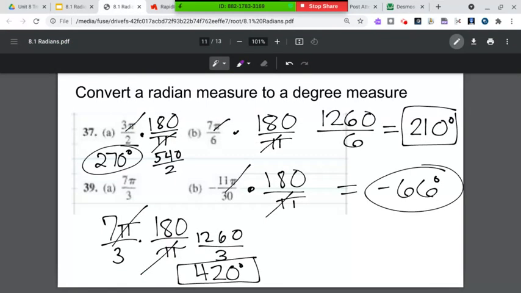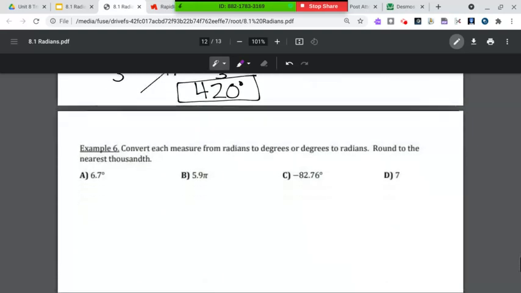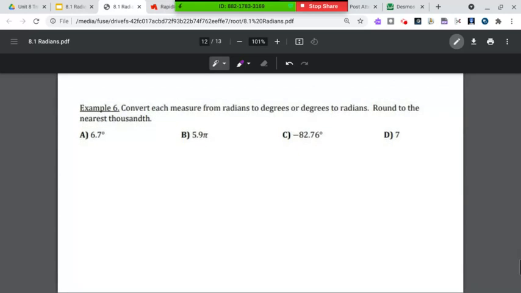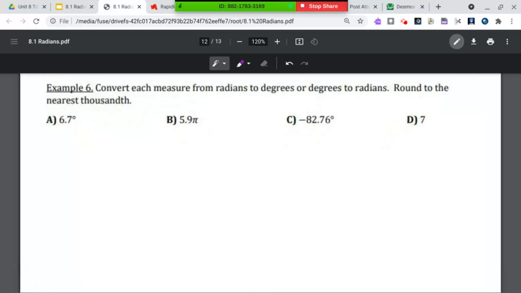Okay, now I think we have a hodgepodge real quick. Convert from either radians to degrees or degrees to radians. Letter A is a degree, 6.7 degrees. We want to convert it to a radian measure. 6.7 over 180.